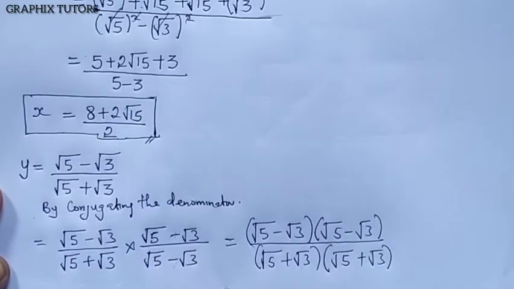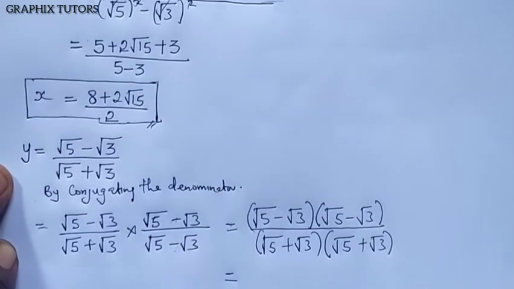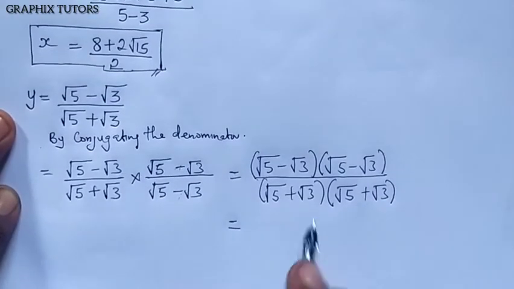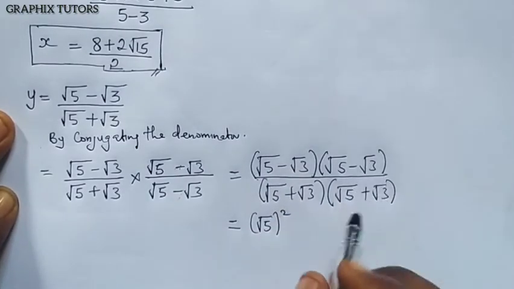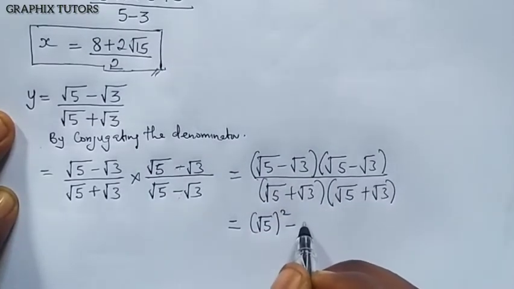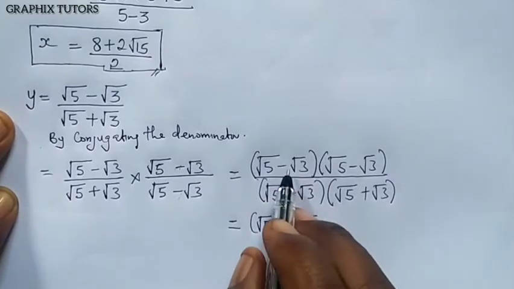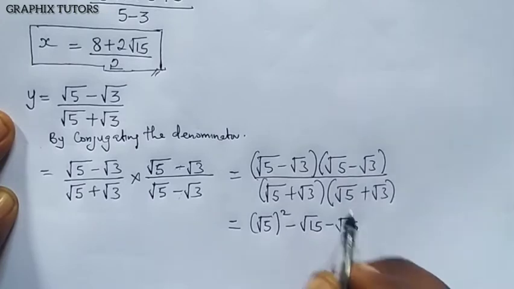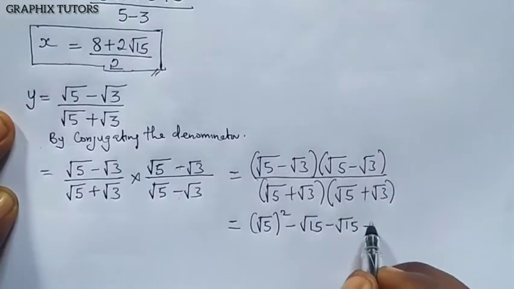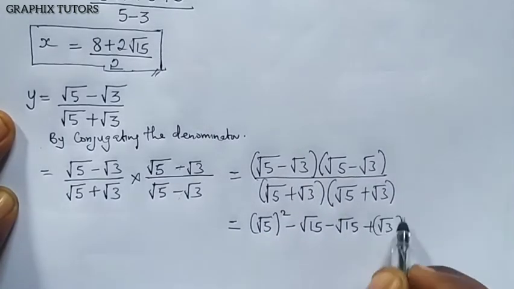So this is going to give me root 5 times root 5, which gives root 5 all square. Root 5 times minus root 3 will give you minus root 15. Minus root 3 times root 5 will give you minus root 15. Minus root 3 times minus root 3 will give you plus root 3 all square.